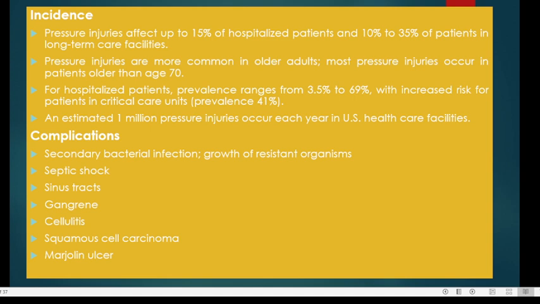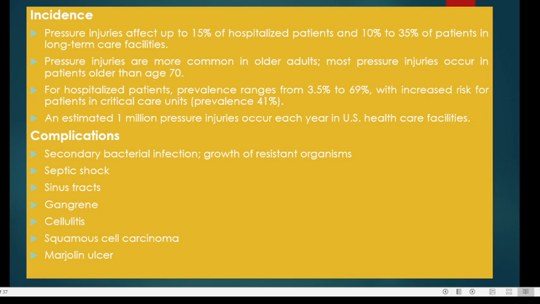What of the incidence? Pressure injuries affect up to 15% of hospitalized patients and 10 to 35% of patients in long-term care facilities. So pressure injuries are more common in older adults. Most pressure injuries occur in patients older than age 70.